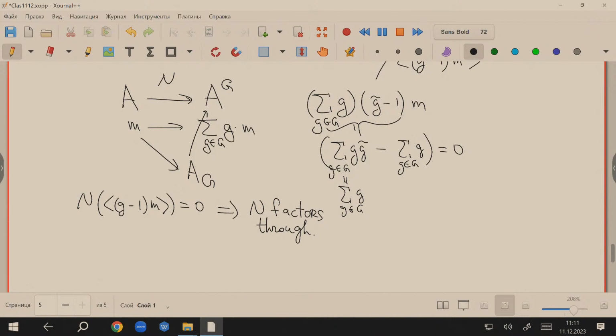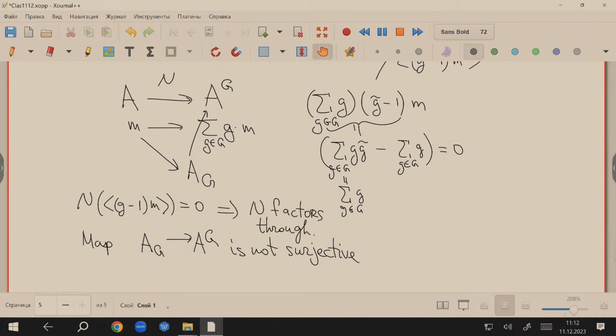But notice that also here you have elements. So this map is not surjective, and not injective in general.